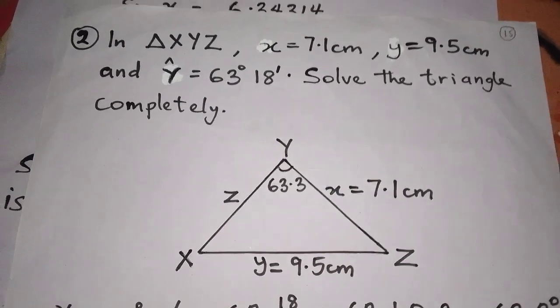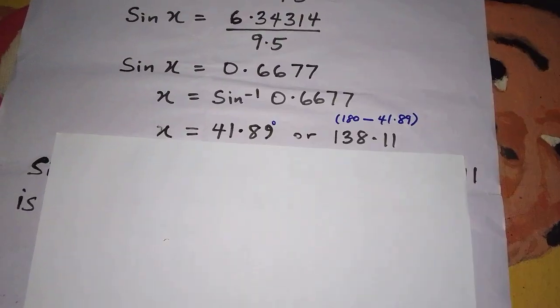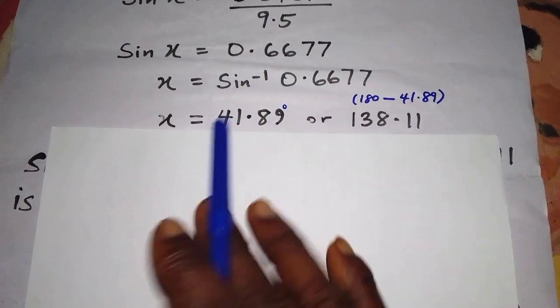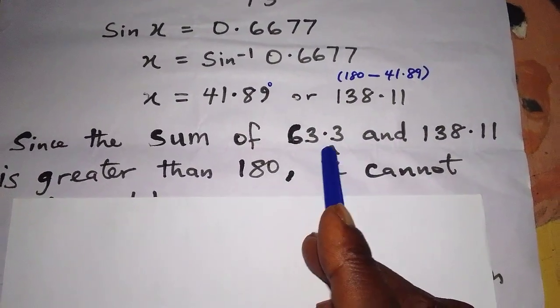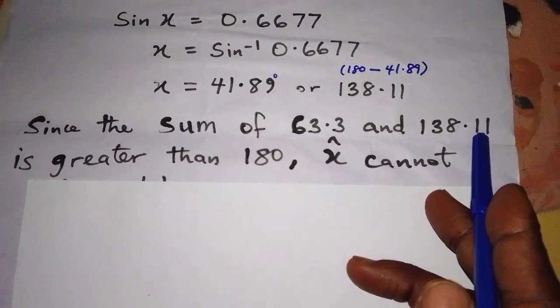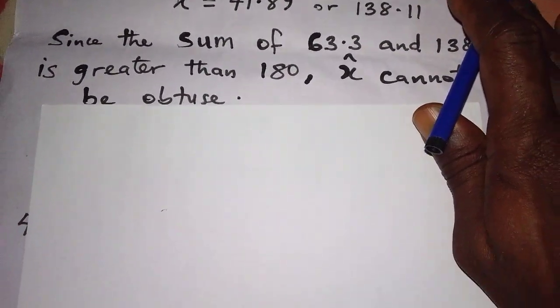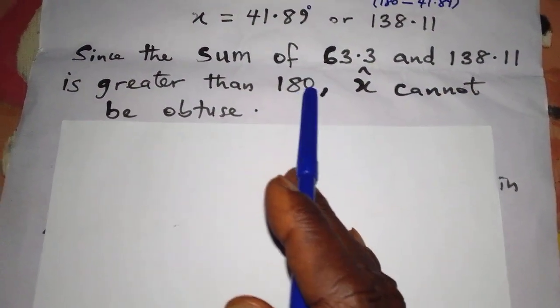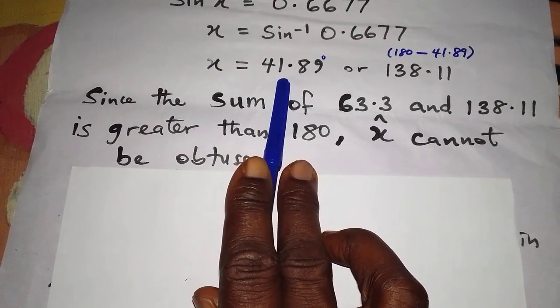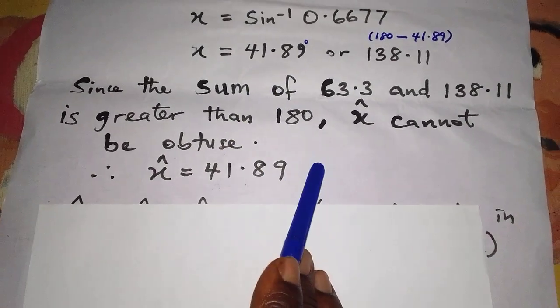So the right answer needed here should be an acute angle. Since the sum of 63.3 and 138.11 is greater than 180, X cannot be obtuse. So the right answer that we can accept here is 41.89.